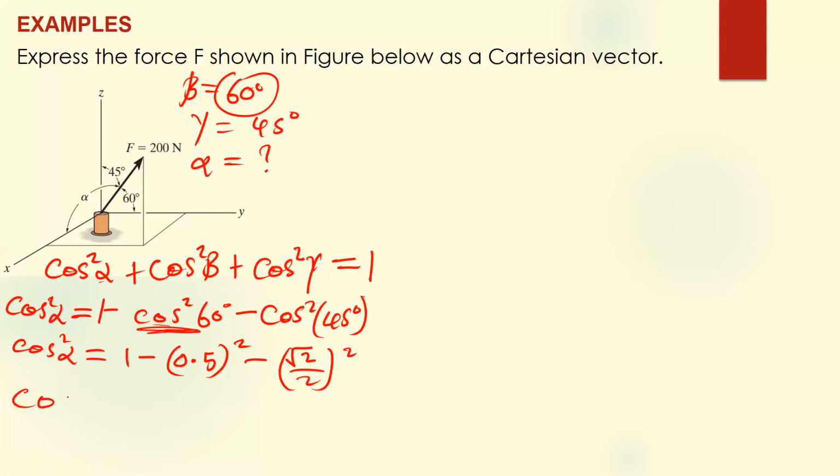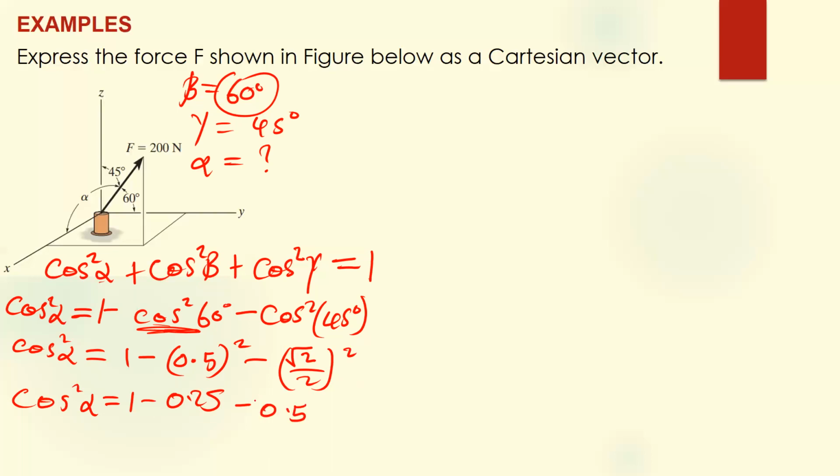So when we simplify this, we're going to have 1 minus 0.5 times 0.5. So 0.5 squared gives us 0.25. Then we have minus the root of 2 squared, which gives us 2, over 2 squared, which is 4. So this is the same as 1 over 2, which is 0.5.